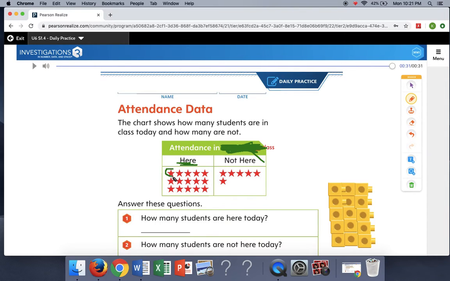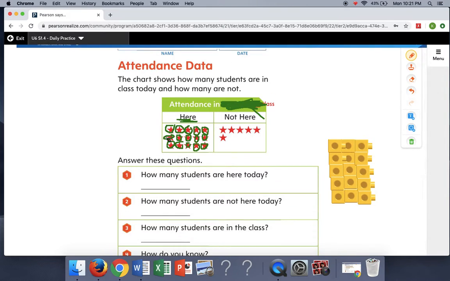Ready? 1, 2, 3, 4, 5, 6, 7, 8, 9, 10, 11, 12, 13, 14, 15. Great job, mathematicians. There are 15 students that are here in Mr. Morocco's class.